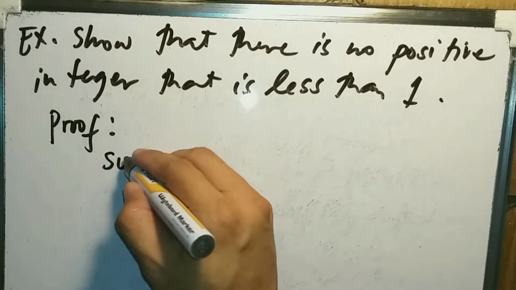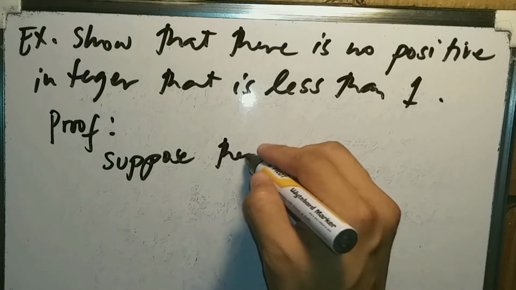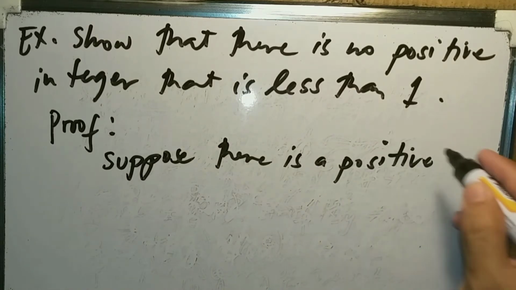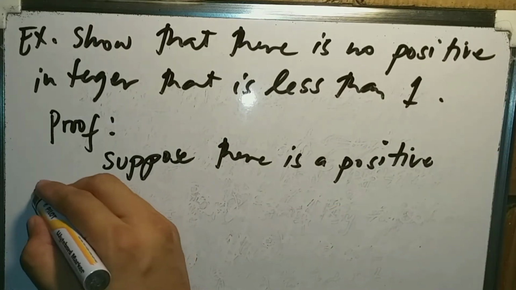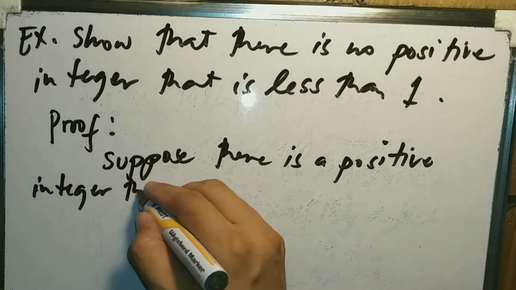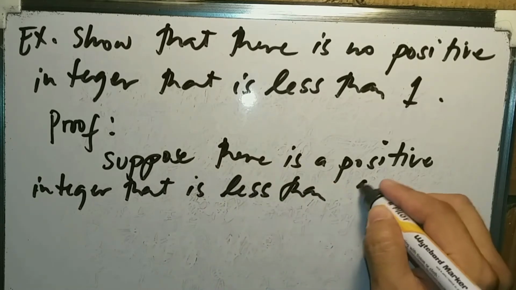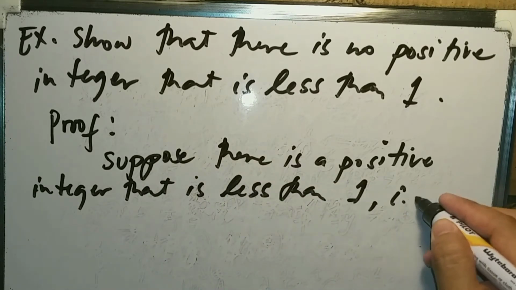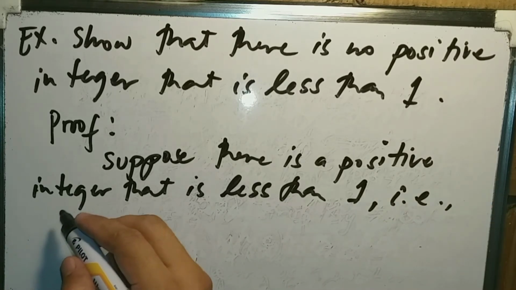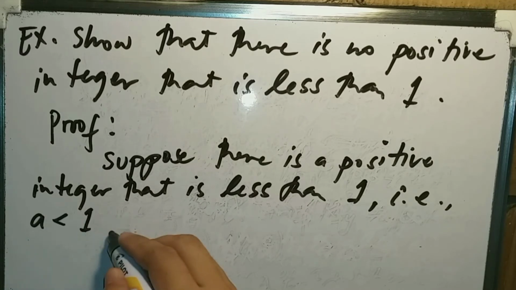So we suppose there is a positive integer that is less than 1, namely a. So a is less than 1.